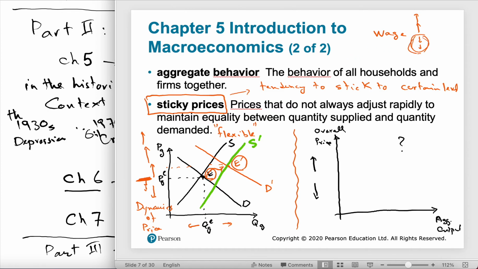So we call them sticky prices, which do not always adjust rapidly and maintain equality between quantity supplied and quantity demanded.